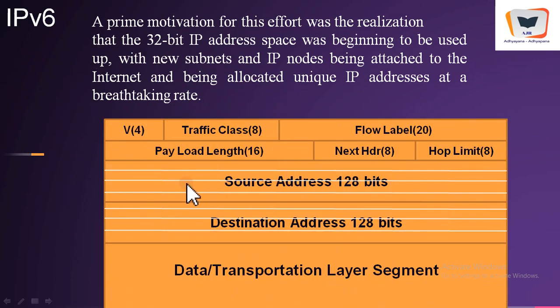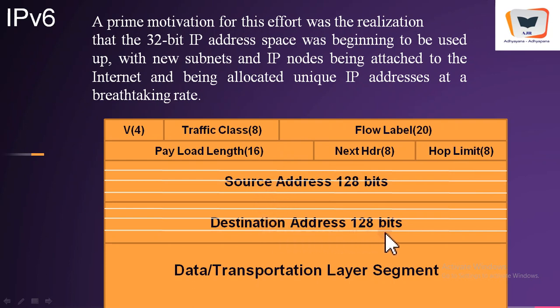It looks like this. It's a compact header. So version field, traffic class. There are similarities. We will discuss each and every field at length. Flow label, payload length 16-bit, next header 8 bits, hop limit 8 bits, source address 128 bits, 32, 32, 32, 32. It comes in layers.